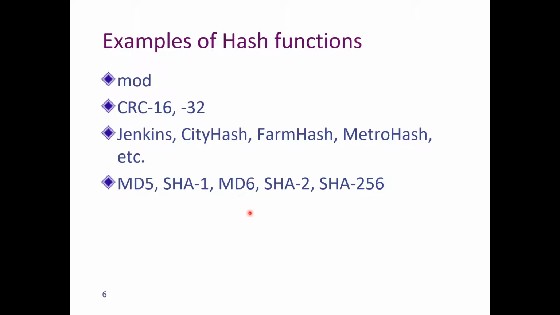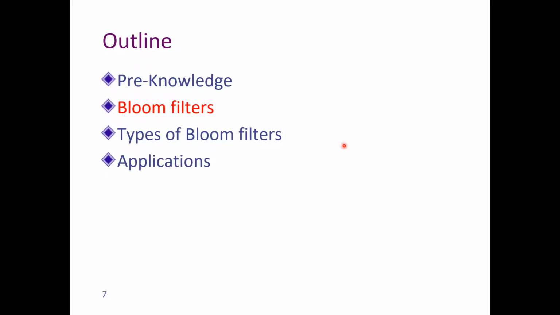And MD5, SHA-1, SHA-2, SHA-256, these are cryptographic hash functions. Okay, so they have some properties like collision resistance, all right, and the one-way property. But those city hash, farm hash, metro hash, they may not have strong collision resistance. All right, so that's so much for the basic knowledge of hash functions.